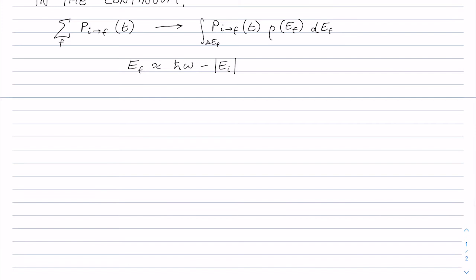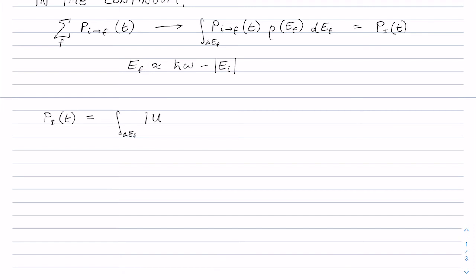What we can do now, I'm going to give this a name. I'm going to call this the probability of ionization as a function of time. Okay, probability of ionization as a function of time. Cool. So P_i(t) is equal to, now we've already solved this before, so let's just put in our solution. We've got an integral over delta E_F.